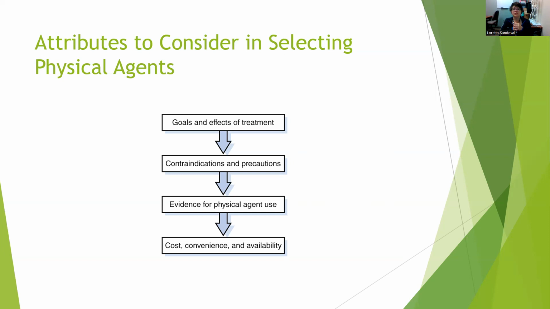So physical agents have really evolved a lot in the last 20 years or so. It used to be for electrical stim, for like a home TENS unit, you had to get a prescription from a doctor. The doctor would send the prescription to the physical therapist, who would evaluate the patient, order the unit, dispense the unit to the patient, teach them how to use it, and justify it to the insurance company. Well, these days, a lot of insurance companies don't cover physical agents at all, or they don't cover home units.